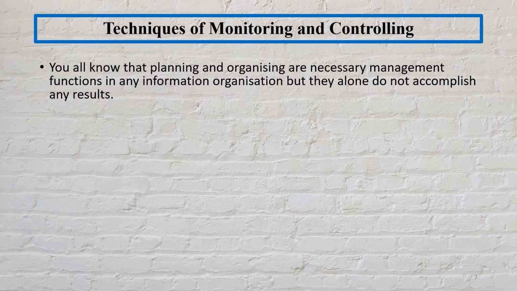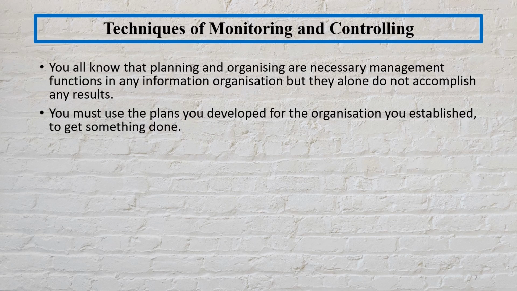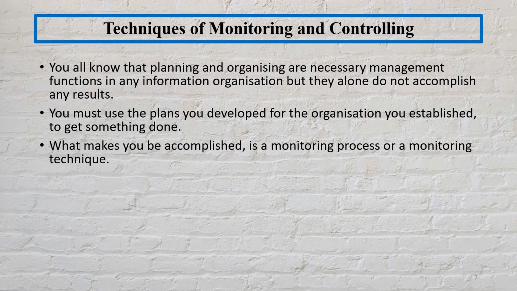You all know that planning and organizing are necessary management functions in any information organization, but they alone do not accomplish any result. You must use the plans you developed for the organization you established to get something done. What makes you accomplish is a monitoring process or a monitoring technique.